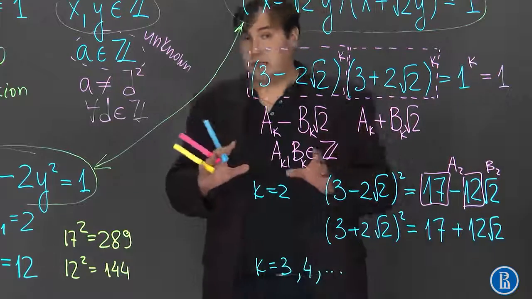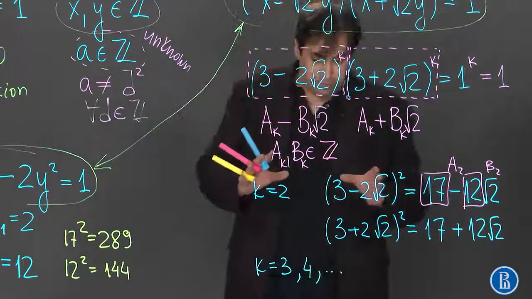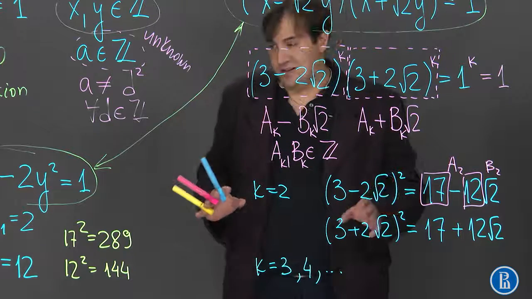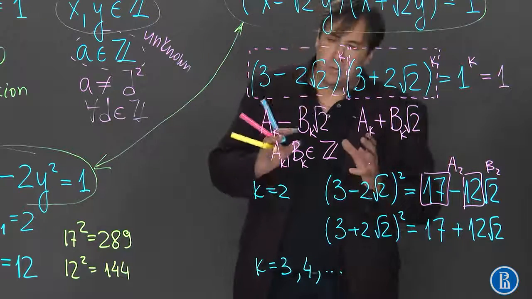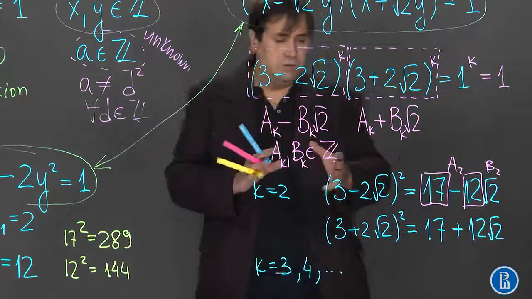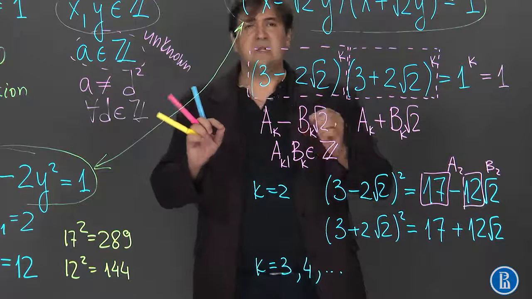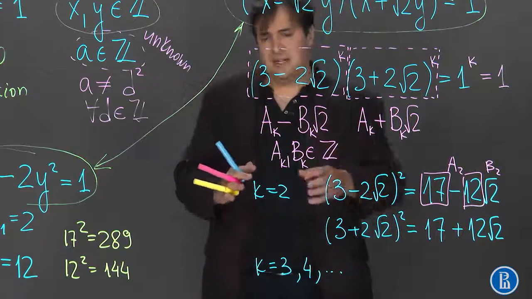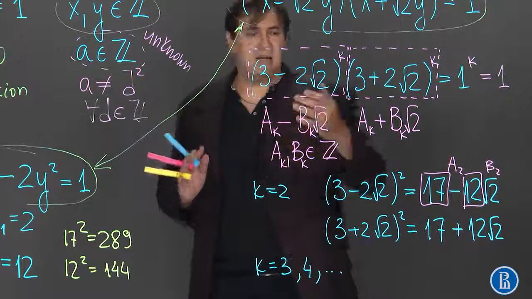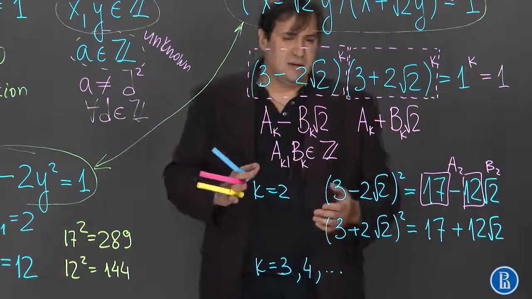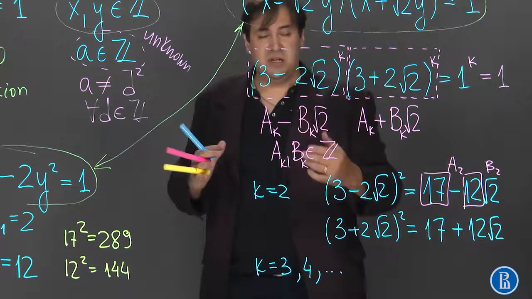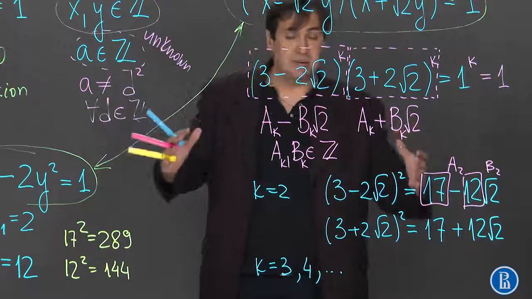And the only thing I would like to say, before we can be 100% certain that this is so, is why these new solutions never coincide with the old solutions. I mean, we really have some sequence of a's and some sequence of b's, but could these a's or b's repeat in these sequences?